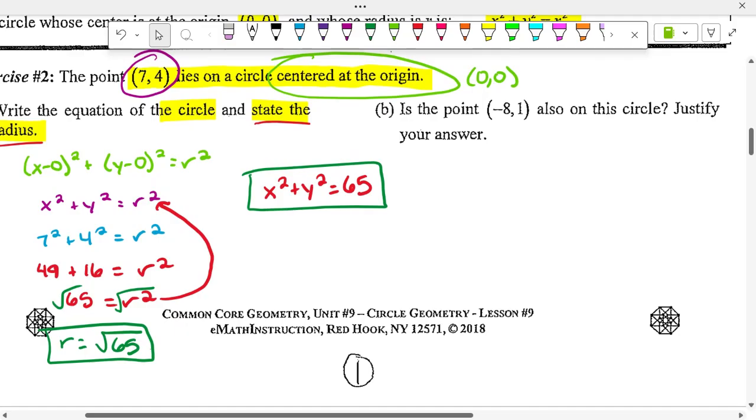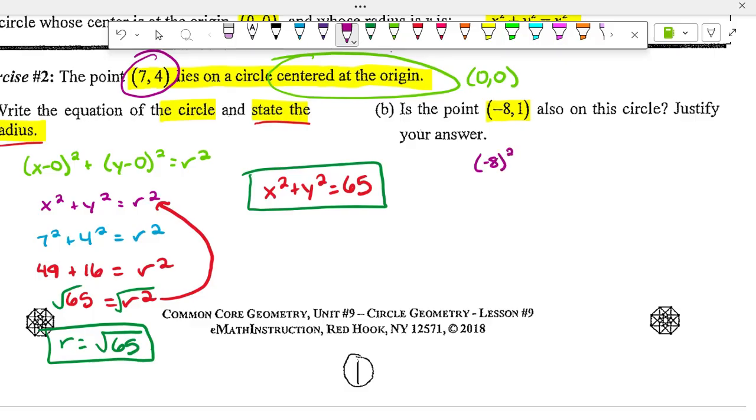Now, will the point negative 8, 1 be on the circle? So how do I find it? Plug them in for x and y. See if it equals what? 65. So I have negative 8 squared. Make sure you put the negative 8 in parentheses, especially if you're putting it in your calculator. Plus 1 squared is equal to 65.